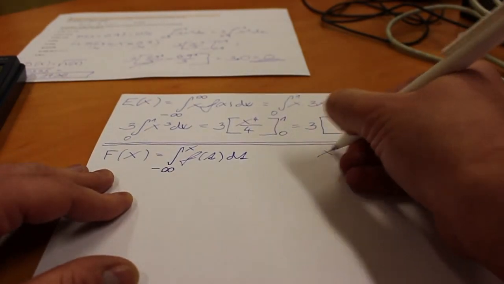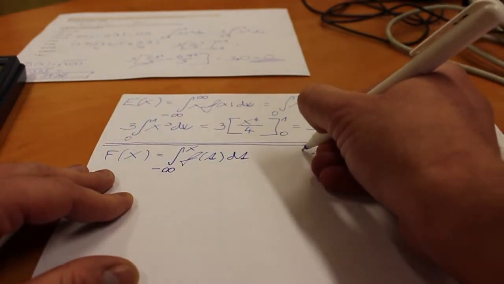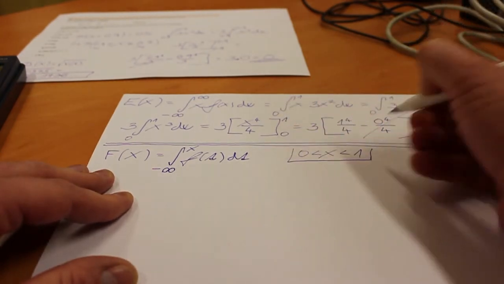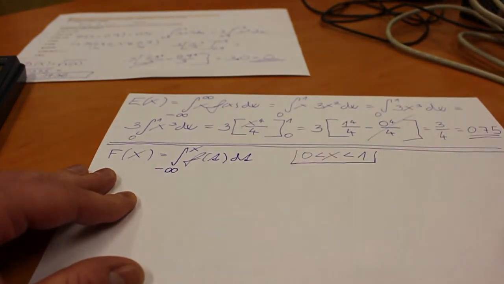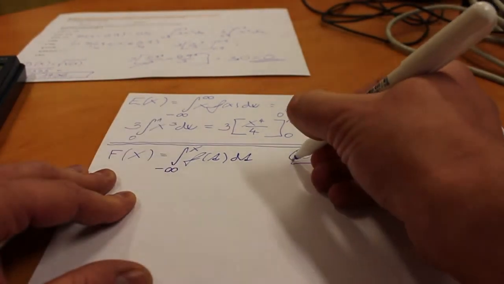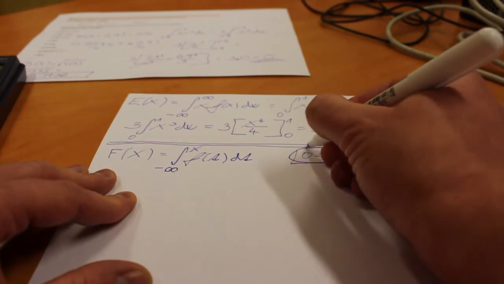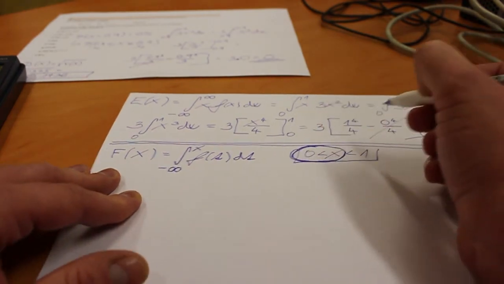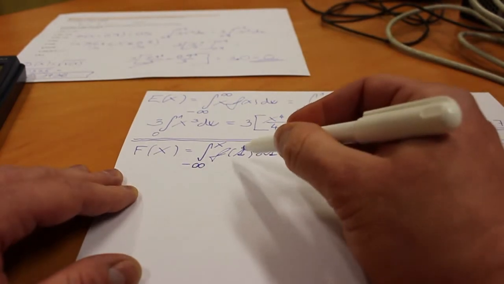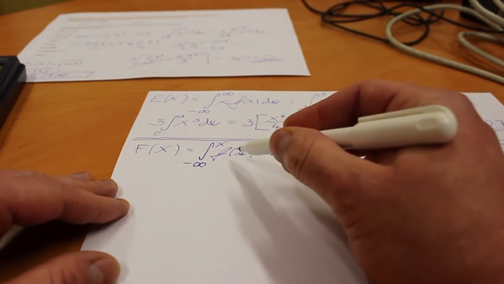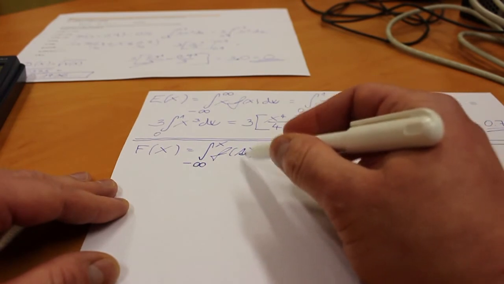Our definition range is from 0 to 1, and when we want to calculate the distribution function, we must go only to the middle, so from 0 to x, and there is a very important substitution. Instead of x, we must use t.